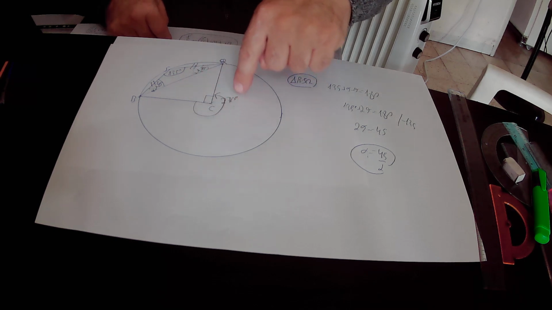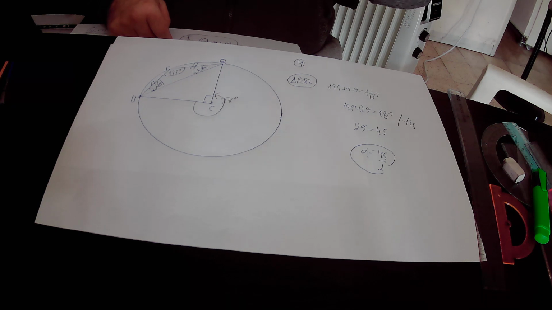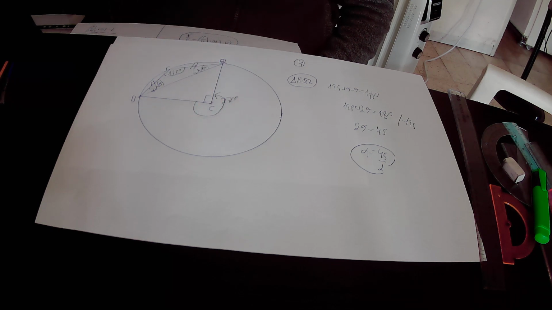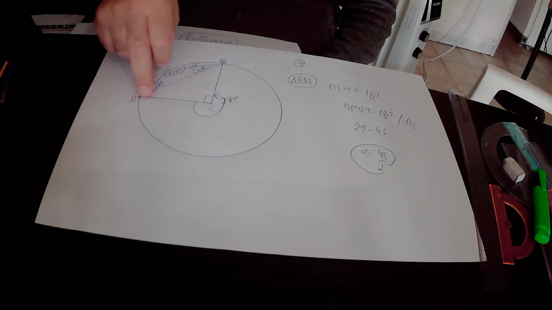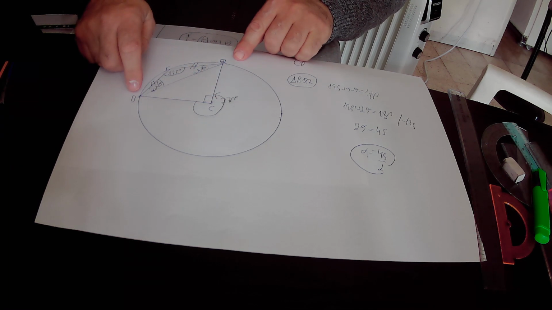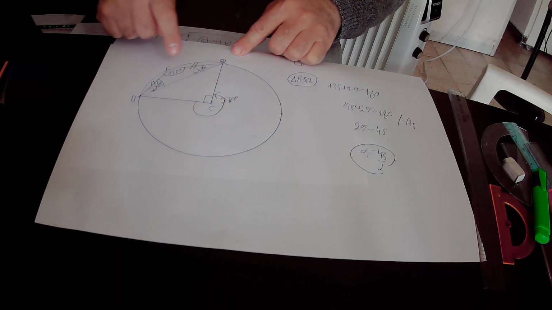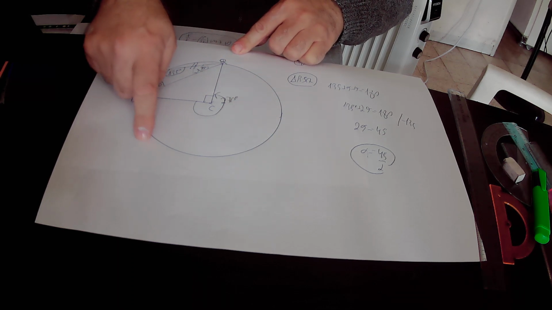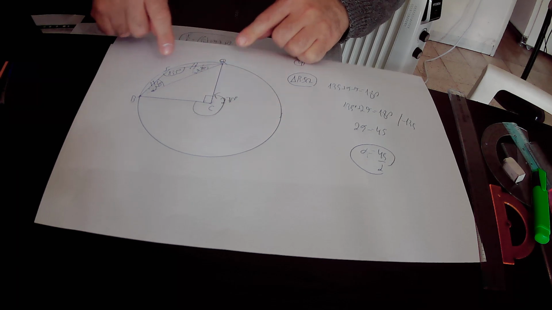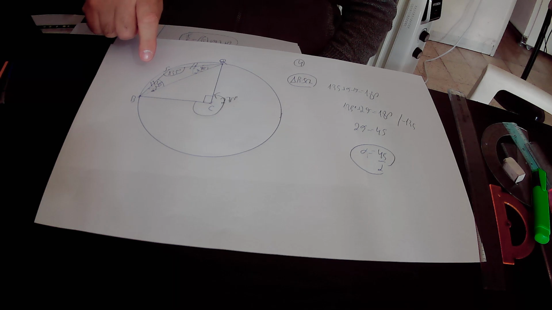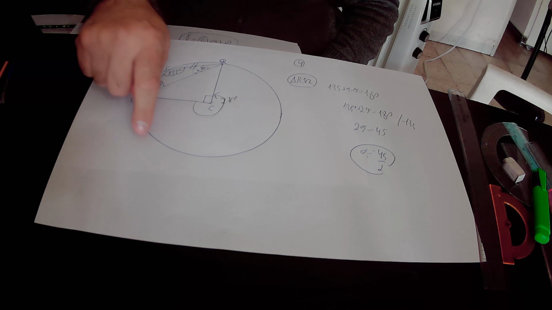So we have central angle BCQ that is equal to 270 degrees in its size, and this central angle BCQ subtends on the big arc BQ.